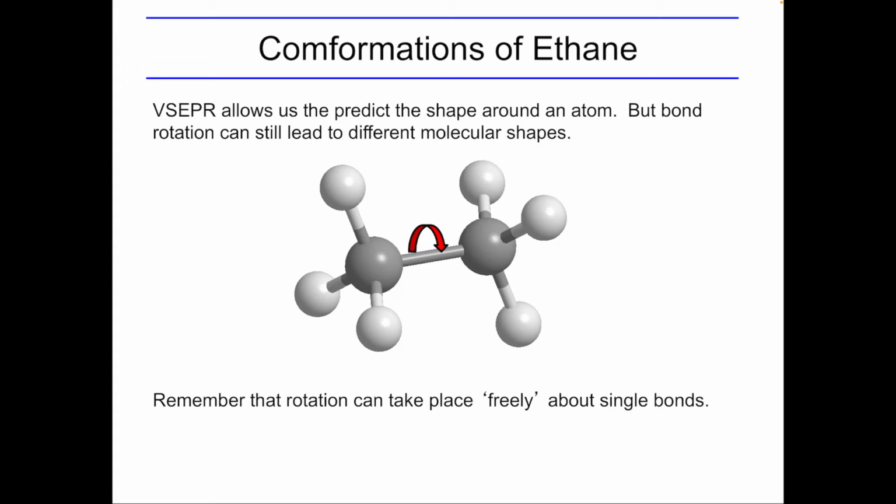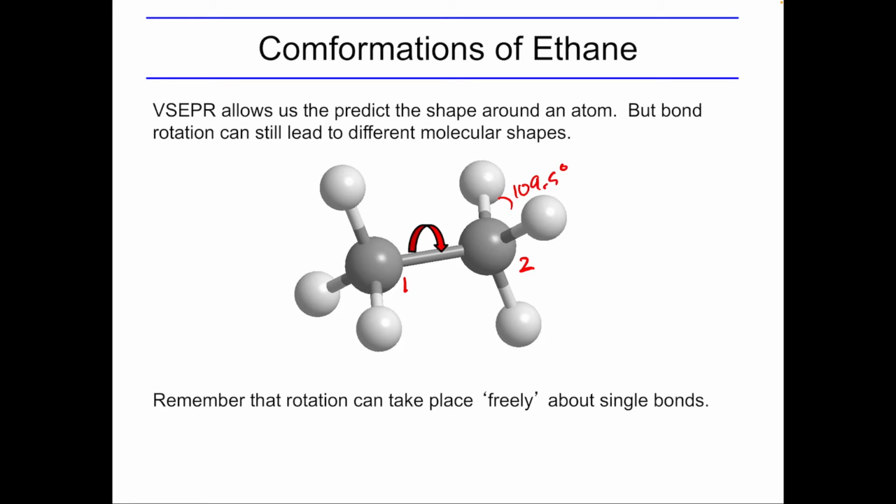What we would like to do is consider more complex molecules that may have several central atoms, and the simplest place for us to start is probably a molecule like ethane, where there's only two central atoms. You might say carbon 1 and carbon 2. And each of the central carbon atoms here we could describe as tetrahedral, bond angles of 109.5.